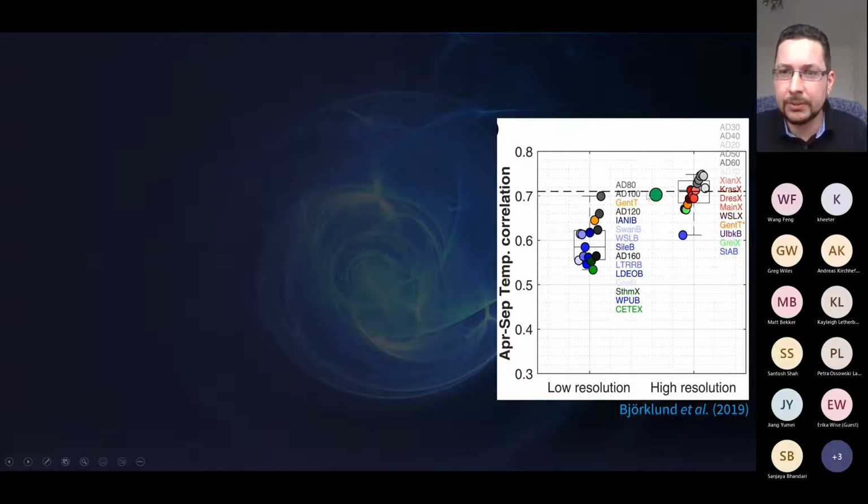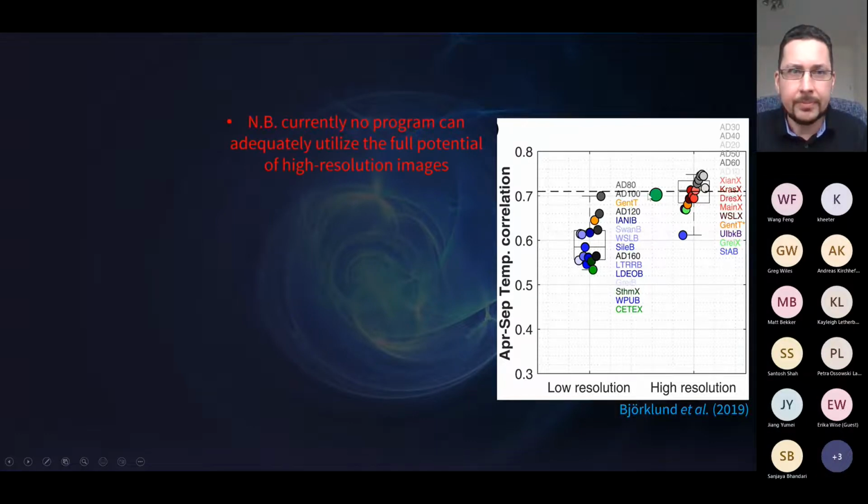With surface intensity right now, we're somewhere around 0.71, 0.72, so we end up somewhere around this area.